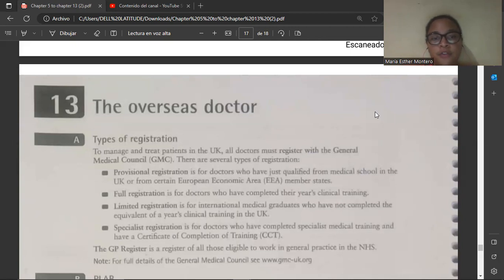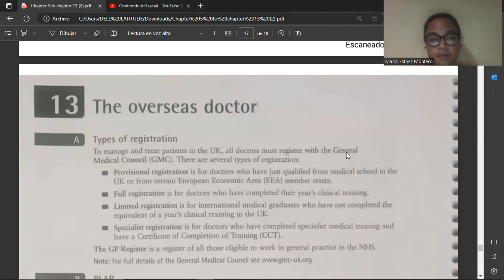To manage and treat patients in the UK, all doctors must register with the General Medical Council, GMC. There are several types of registration. Provisional registration is for doctors who have just qualified from medical school in the UK or from certain European Economic Area, EEA, member states.